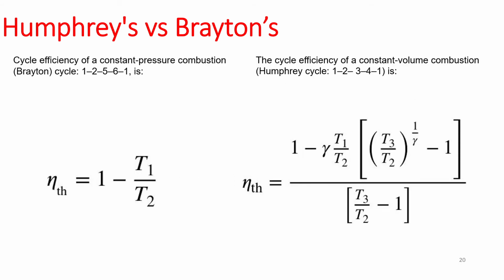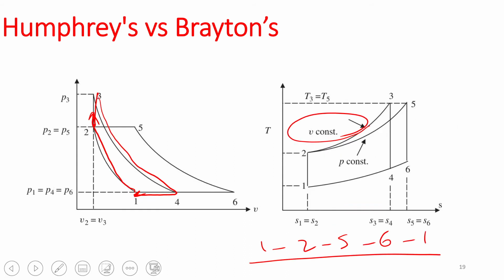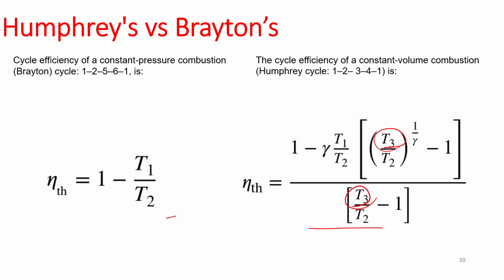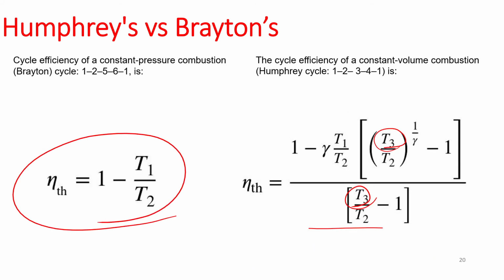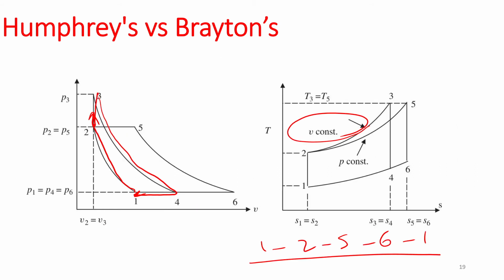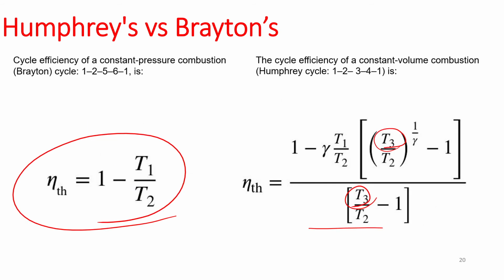So it definitely is going to affect your thermal analysis. This time you have to include the temperature at different points, T3, the temperature after the combustor as well. But in the regular cycle efficiency analysis, you don't need to include the temperature after the combustor.